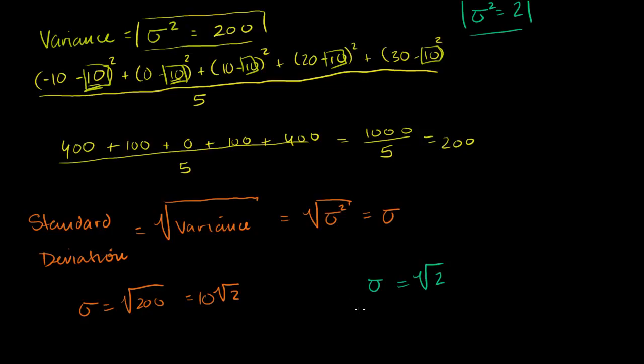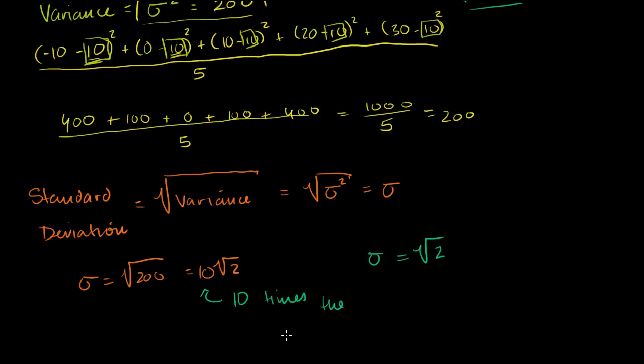So the second data set has 1/10 the standard deviation of this first data set. This is 10 roots of 2. This is just the root of 2. So this is 10 times the standard deviation. And hopefully, this will make a little bit more sense.